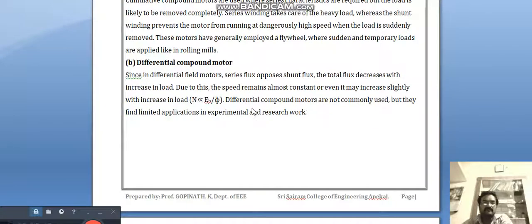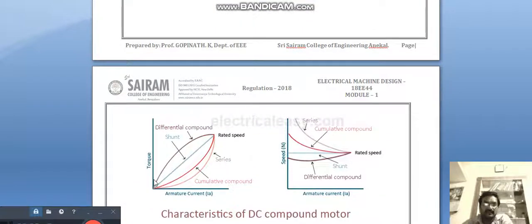Now the DC compound motor. Here we have different characteristics. For torque versus armature current, if it is a differential compound, it increases like this. If it is a cumulative compound, the waveform between armature current and torque comes like this.